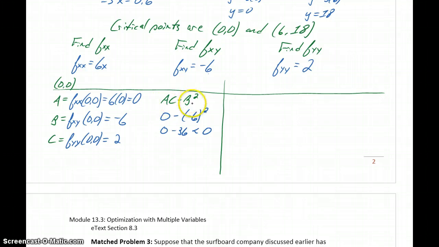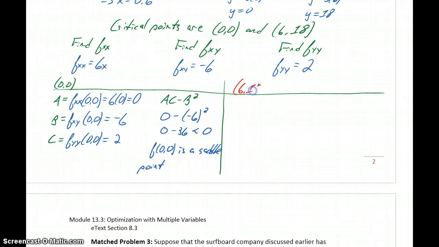So since AC minus B squared is less than 0, f of 0, 0 is a saddle point, which again means the same thing as saying that our function does not have an extremum at this point 0, 0. So we can either kind of shortly say that's a saddle point or say that no extremum exists.